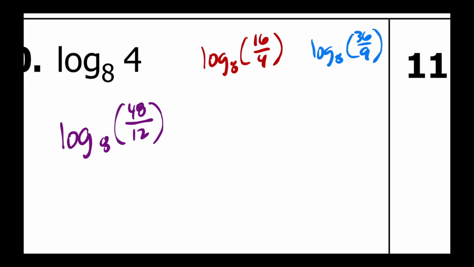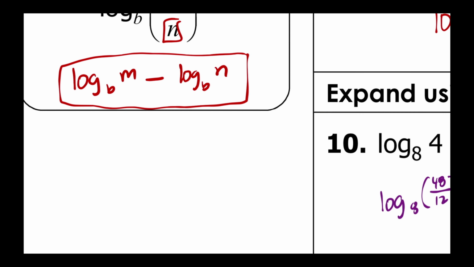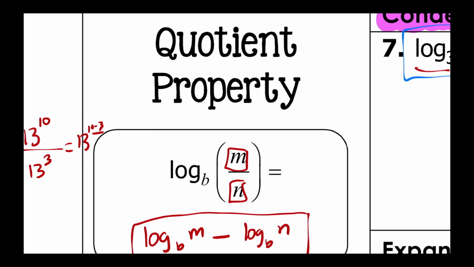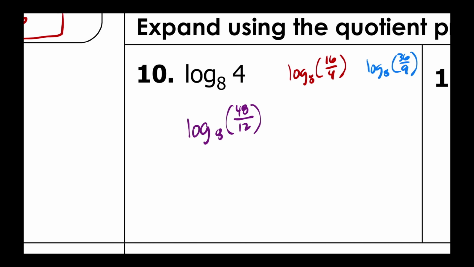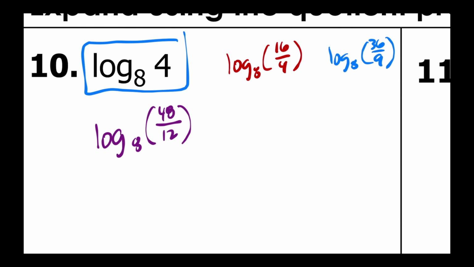So the whole thing about these properties is it gives us a little freedom on how we work with these. So I have log base 8 of 4, but I can change it in multiple ways. I can make an expression based on the quotient property. So for this purple one, I can say log base 8 of the top one, 48, minus log base 8 of the bottom one, which is 12.